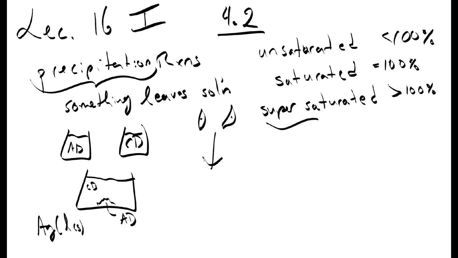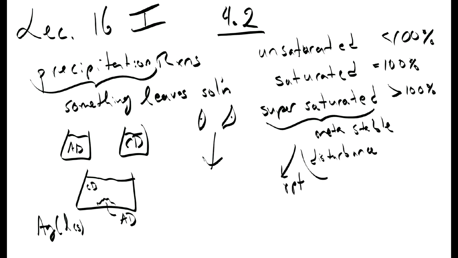It's what's known as a metastable configuration, meaning that it will exist until some disturbance comes along. And then, it will precipitate and leave you with a saturated solution. And that disturbance can be a change in temperature. It can be the addition of a crystal of the solid that will precipitate.